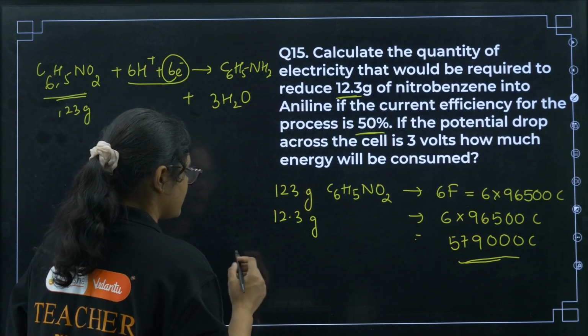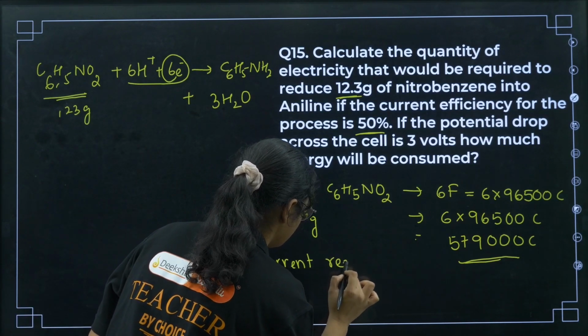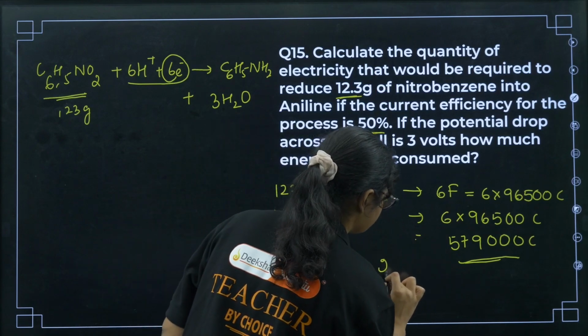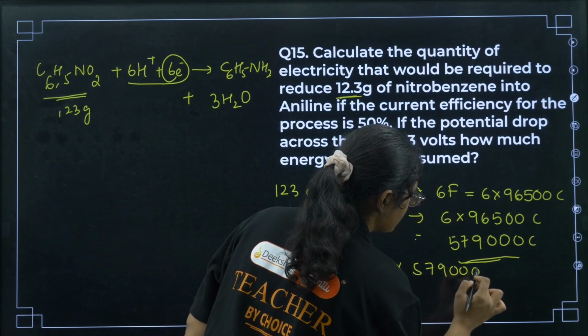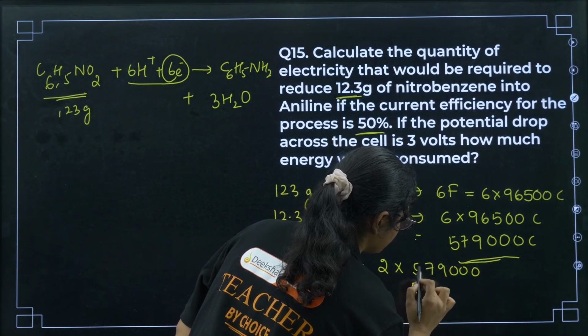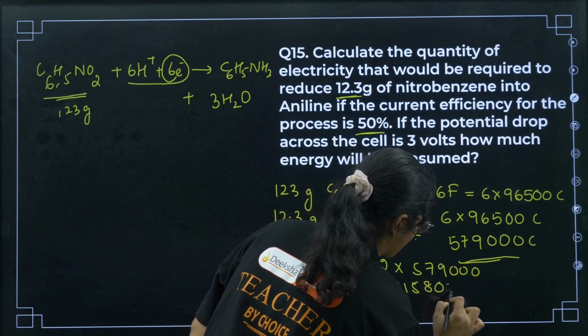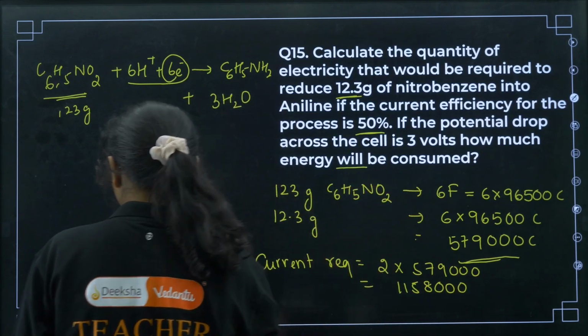So the charge that is required will be double of this one, because it is only 50% efficient. So 2 into 57900, which is 2 9s are 18, 2 7s are 14 plus 1, 15, 2 5s are 10 plus 1, 11, and 000. Now the question asks how much energy it will consume.